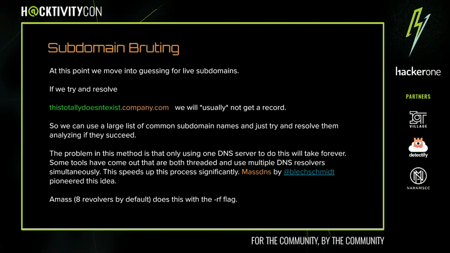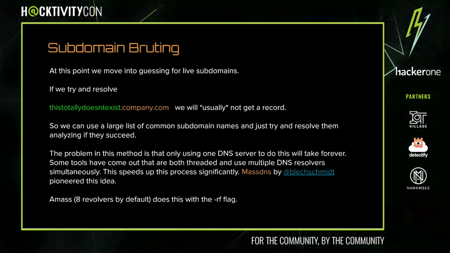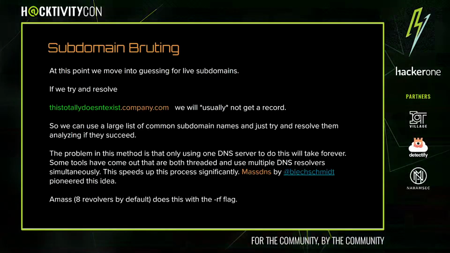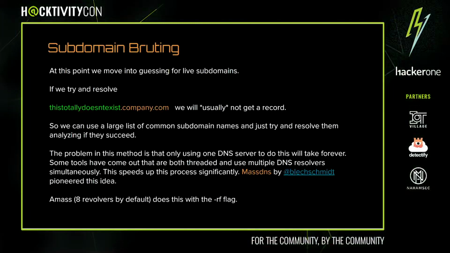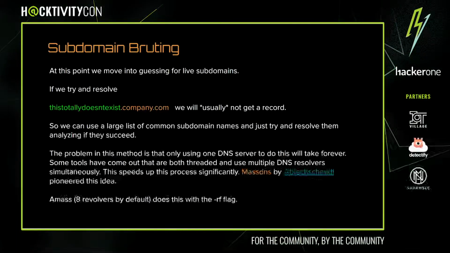You can imagine all these DNS resolutions could take a lot of time, and Fierce, with a giant word list of brute forcing stuff, could take a long time to finish, or some of these older tools. Well, MassDNS basically cuts that work up along multiple DNS resolvers, and you can do this in 1/10, maybe even 1/20th the time that you used to be able to do it before.